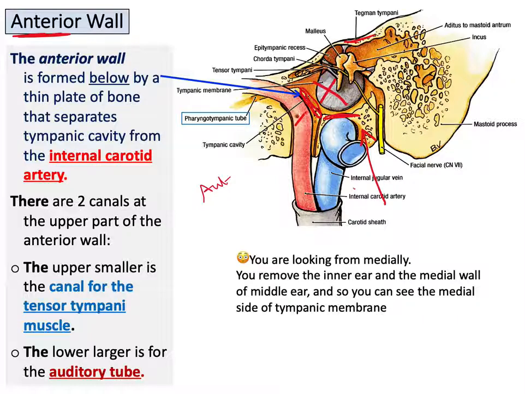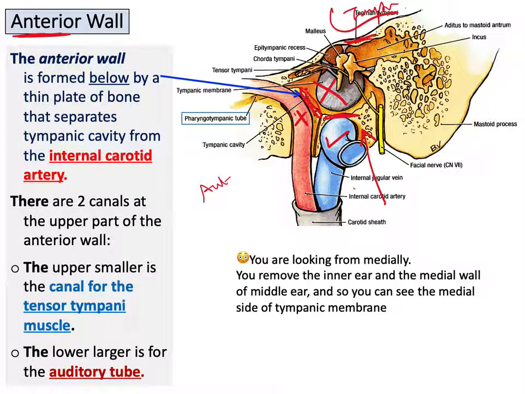From the internal carotid artery. So we mentioned that the roof separates the middle ear from the temporal lobe of the brain, while the floor separates the middle ear from the internal jugular vein, while the anterior wall separates the middle ear from the internal carotid artery.